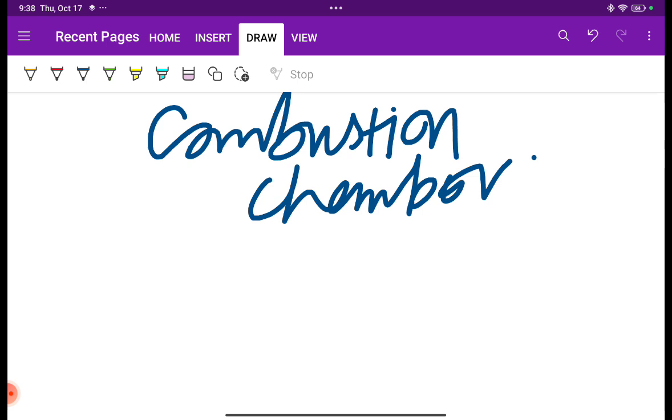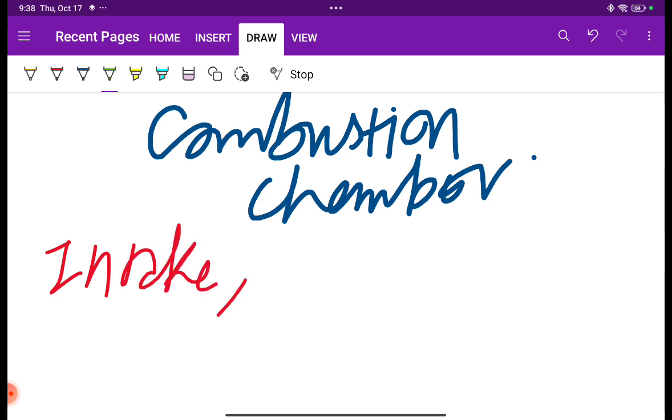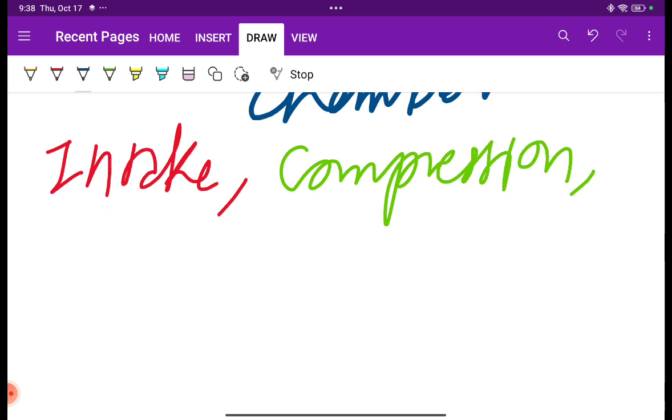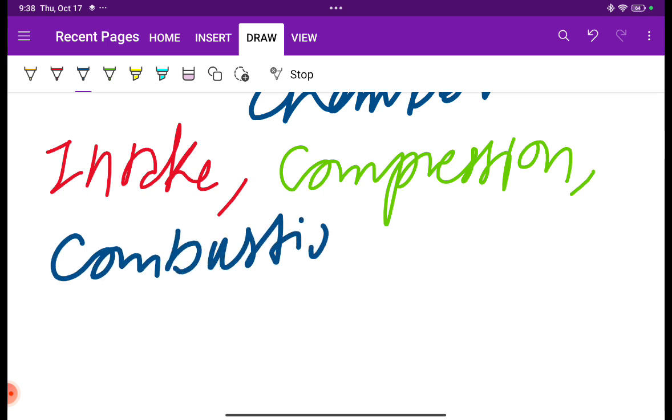So basically what happens in this is intake number 1, then compression number 2, then combustion, then exhaust.